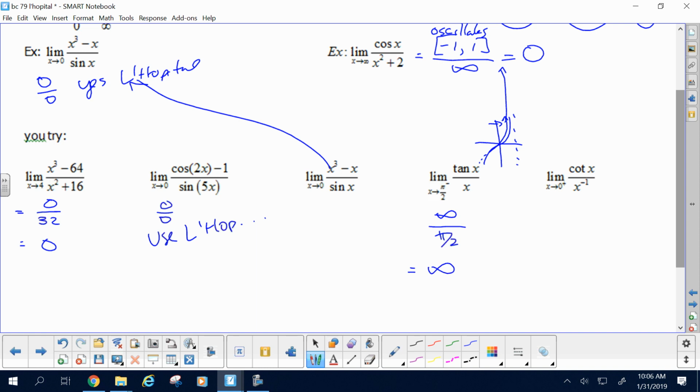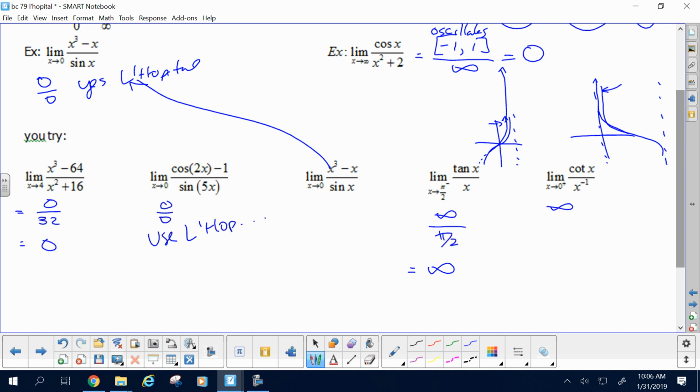What about cotangent? I don't know if you remember your cotangent graph, but it looks like this. Because it's cosine over sine, it has an asymptote at 0, because sine equals 0 is in the denominator. As x goes to 0 from the positive side, cotangent goes to infinity.